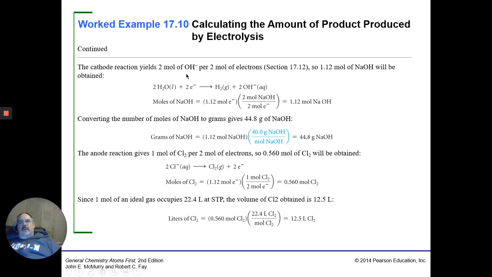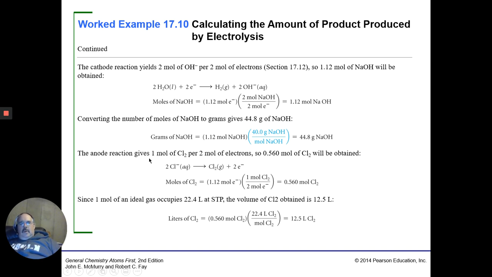Okay, so the cathode reaction yields 2 moles of hydroxide per 2 moles of electrons. Okay, so it's a 2-to-2 ratio. And so 1.12 moles of electrons would yield 1.12 moles of sodium hydroxide. Okay, to convert to grams, we would simply use the molar mass of sodium hydroxide, so that's 44.8 grams.